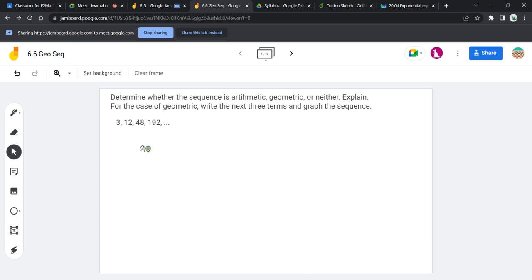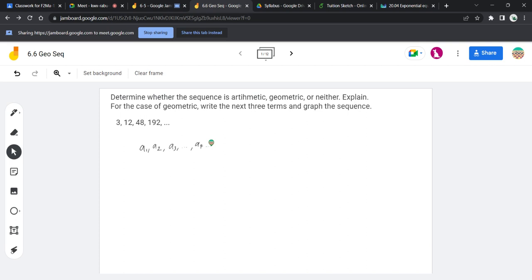So I need to explain what a sequence is first. So a sequence is a set, I mean we have some numbers that are in some sort of sequence.